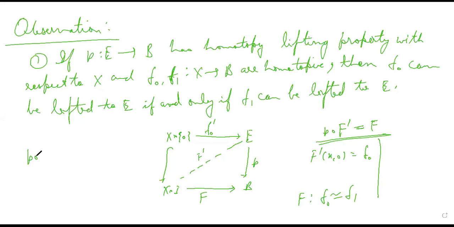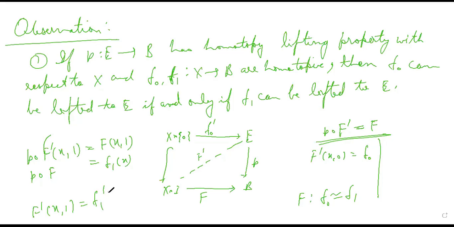So P composed F prime X comma 1 equal to F X comma 1, right? But what is this? This is F1 X, because capital F is a homotopy between F naught and F1. This represents F prime X comma 1, and this represents a function F1 prime from X to E, right?